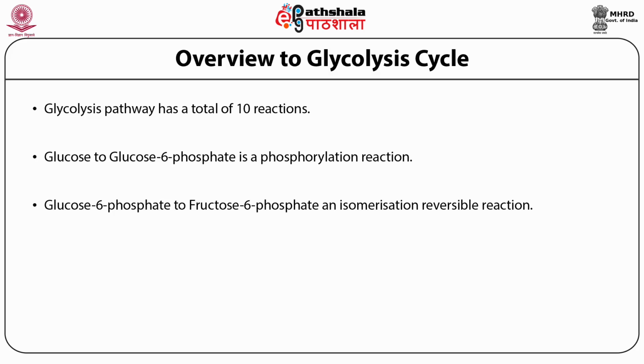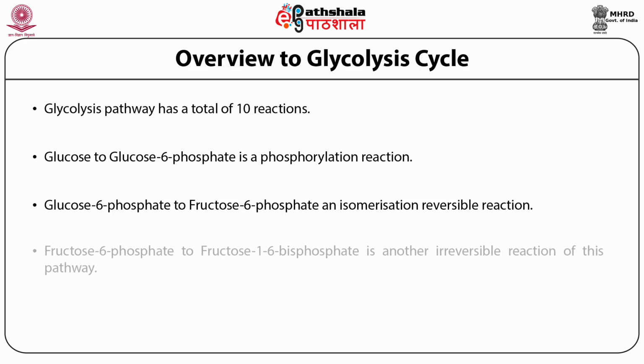Glucose 6-phosphate to fructose 6-phosphate is a reversible isomerization reaction catalyzed by glucose 6-phosphate isomerase. Fructose 6-phosphate to fructose 1,6-bisphosphate is another irreversible reaction of this pathway, which is catalyzed by PFK.